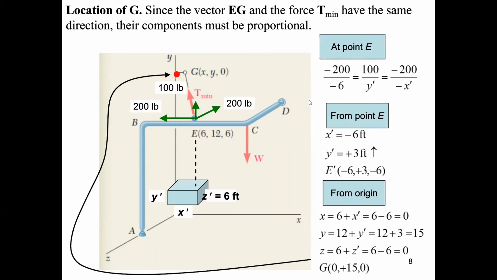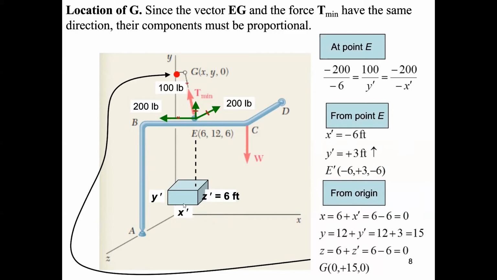Location of G. Since the vector EG and the force T minimum have the same direction, their components must be proportional. At point E, we have 200 pounds in the negative x direction, 100 pounds in the positive y direction, and 200 pounds in the negative z direction.